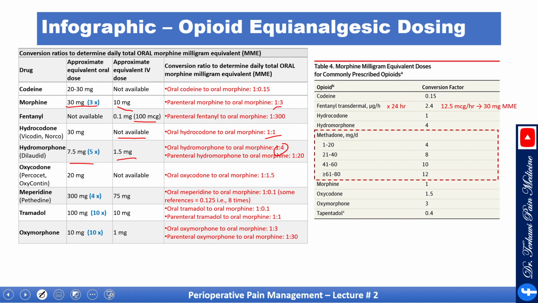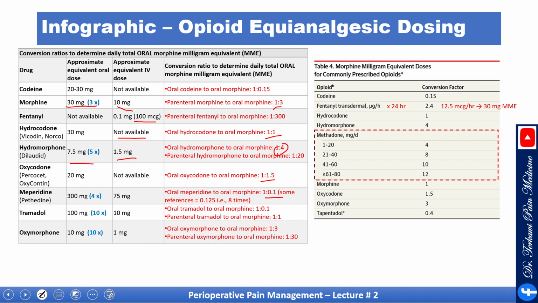Oxycodone, 20, is not available as IV; it's 1:1.5. Meperidine or methadone, the IV is 4 times more potent than the oral, and to convert it to morphine, it is about 10 times less potent than morphine, or some references say 8 times, but let's go with 10 times.